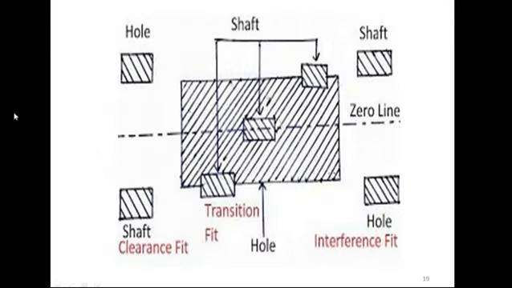Now one more thing, we have explained this concept with this figure. This is the zero line. Zero line means the basic dimension of your component. Suppose 19 is your basic dimension, the diameter of your shaft or maybe a hole. So this is the basic line, zero line. Everywhere when there is a tolerance like this, it has an upper deviation and a lower deviation.